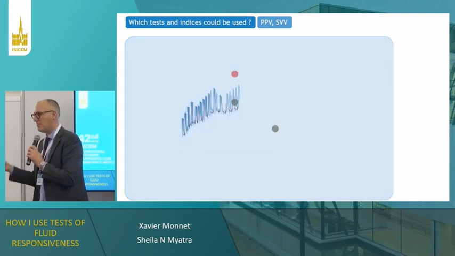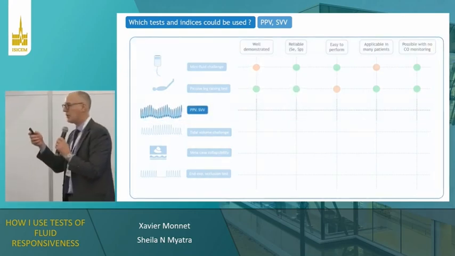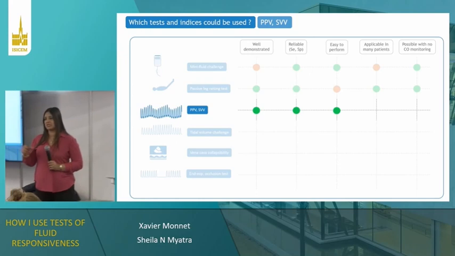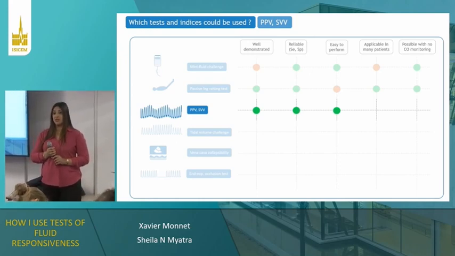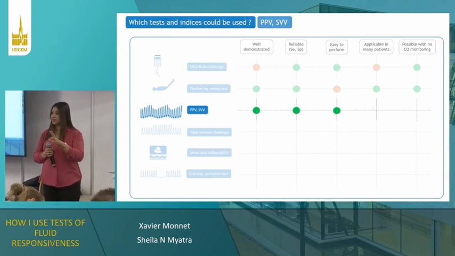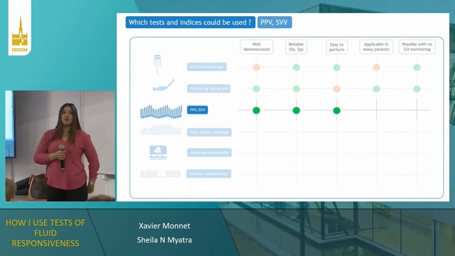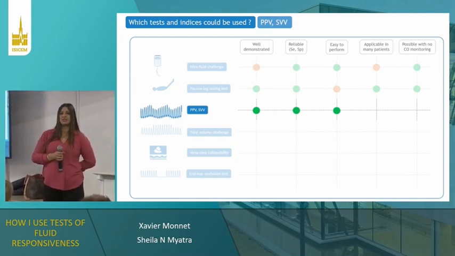But the problem is that there are many, many situations when you cannot do that. So what are those situations? There are some limitations of this test, though they've been extensively studied. They're among the most widely studied, pulse pressure variation and stroke volume variation, especially in the perioperative period. But what are the limitations of this test? Anybody? Yeah.